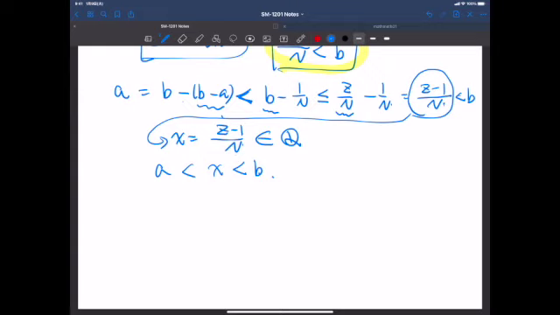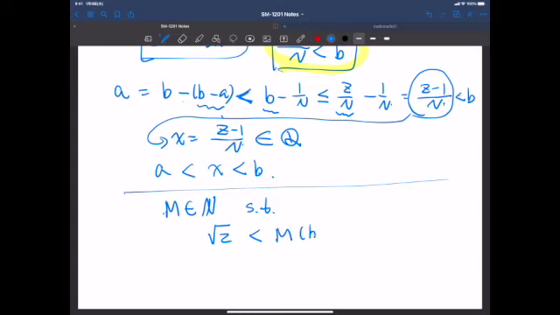Let's choose a natural number m such that square root of 2 is less than m times (b minus x). So this x is this x, okay? So b is a real number and x is a rational number and m is an integer. So this is again from Archimedes Principle.